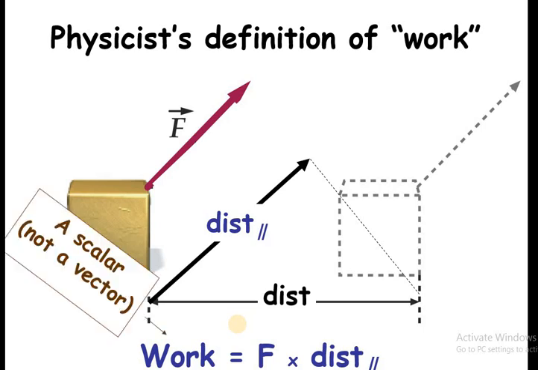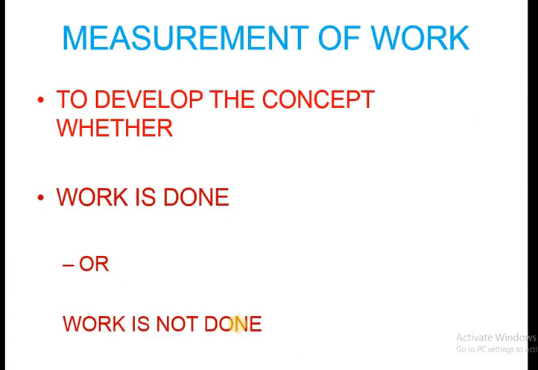Now please note one thing, that the force F and the displacement S both are vector quantities, but their product, that is the work, is a scalar quantity. So work can be expressed as the dot product or scalar product of force and displacement.